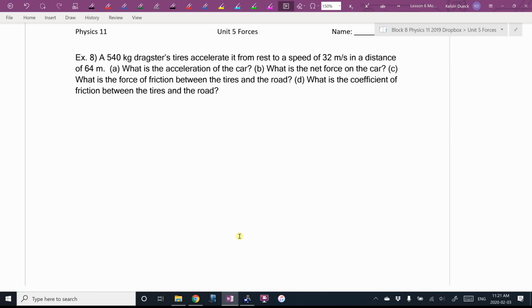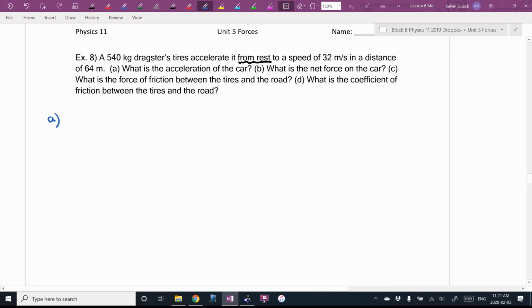A dragster's tires accelerated from rest. I've probably mentally underlined from rest to a speed of 32 meters per second and a distance of 64 meters. Cool. A. What's A want me to find? Do you think just reading this question that I'm going to use forces to find acceleration?